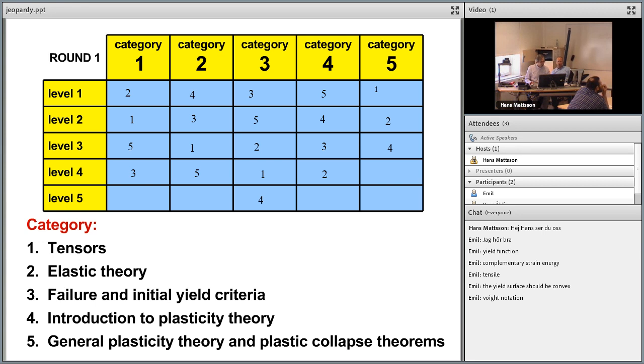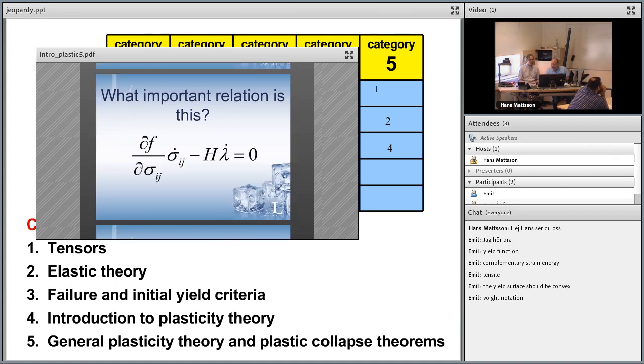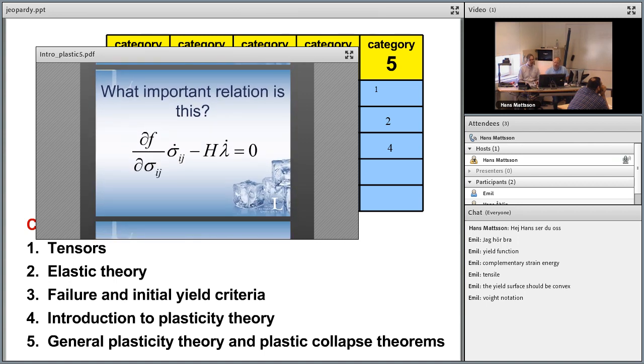Category 4 is the only thing that they have left. Category 4, level 5. Okay, full screen, just full screen. So here comes the question. What important relation is this?